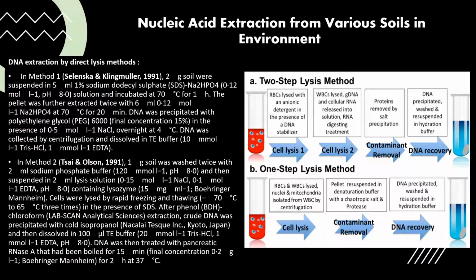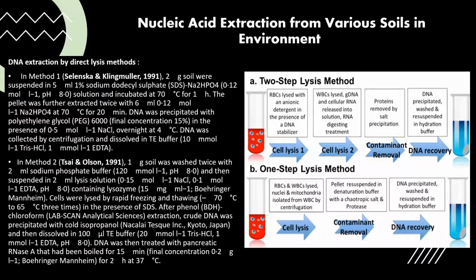DNA extraction by direct lysis methods. In method 1, 2 gram soil were suspended in 5 milliliter 1% sodium dodecyl sulfate solution and incubated at 70 degrees Celsius for 1 hour.